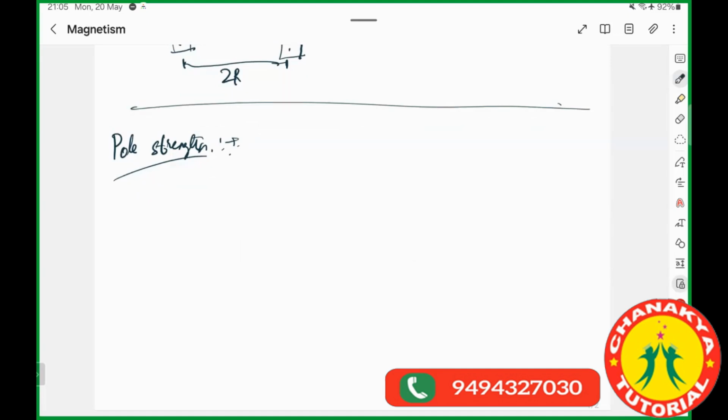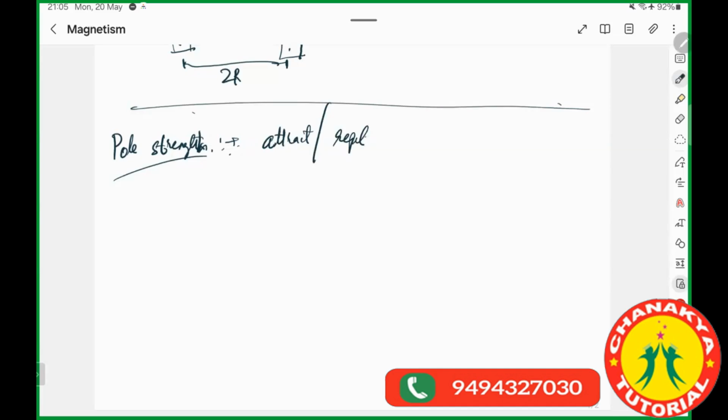Okay, so what is pole strength? Magnetic, the ability of attracting things towards itself. That's the pole strength of the magnet. Not just attracting, it can be repelling also. Attract or repel, because poles can be attractive as well as repulsive.